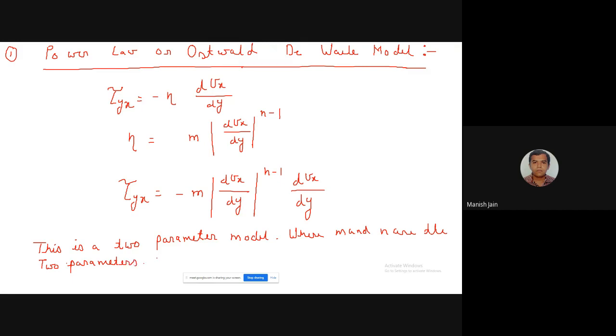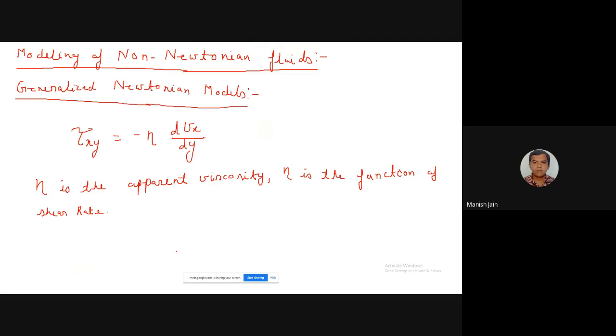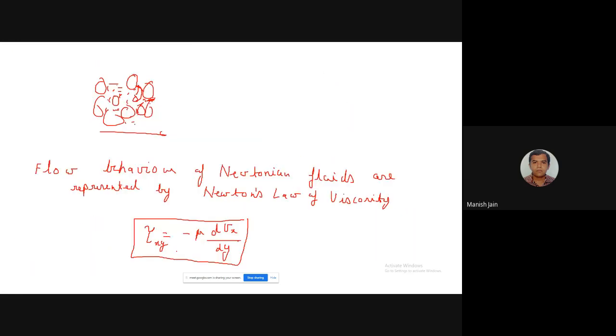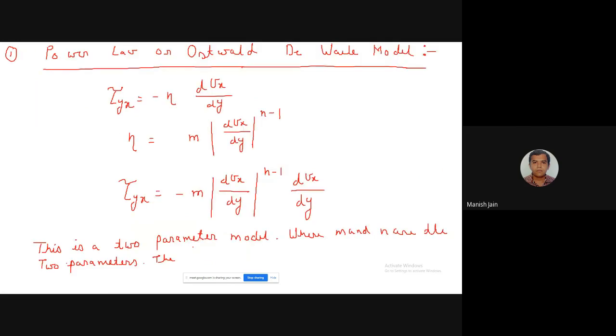Their values will be constant for a given fluid. So like Newton's law of viscosity is a one parameter model, where you have mu as a constant, the power law is a two parameter model where m and n are the two parameters.